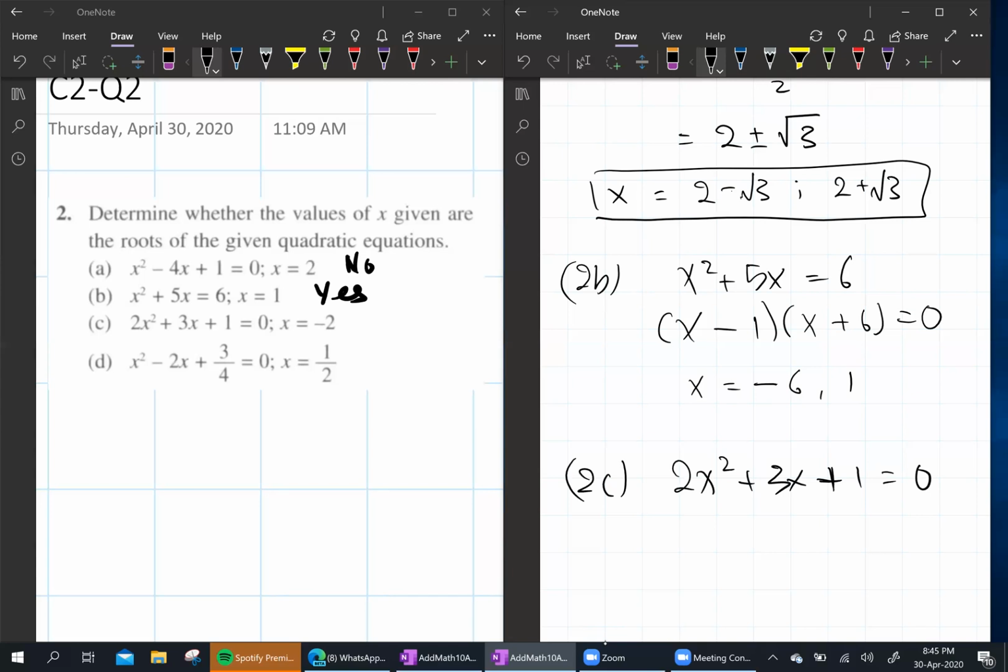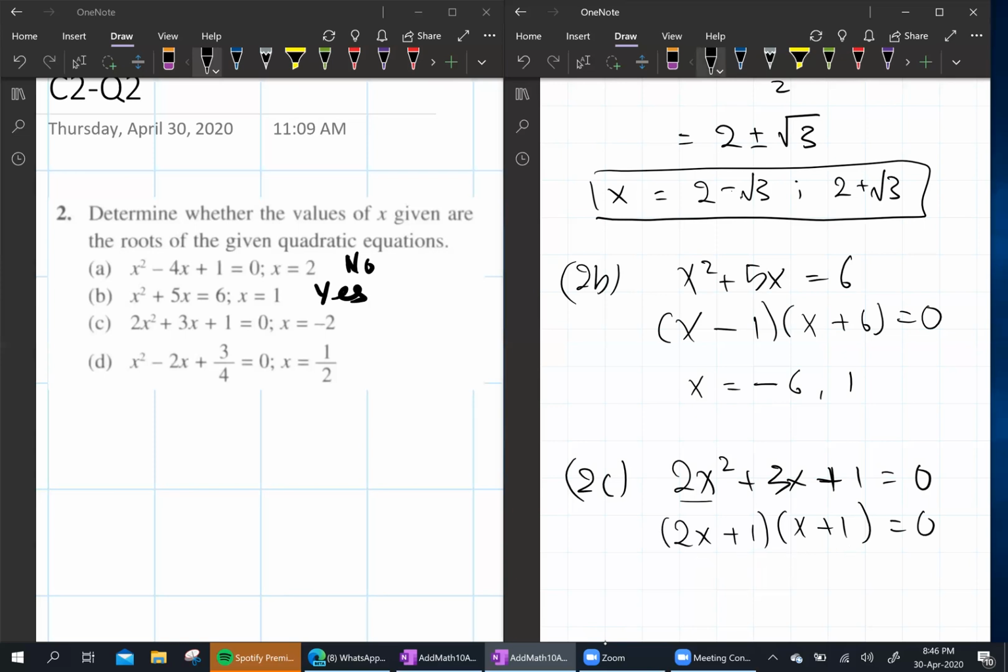My answer here is 2x plus 1 and x plus 1. x plus 1 equals 0. Check and see. Okay, this is correct.